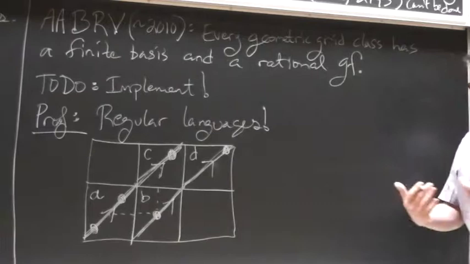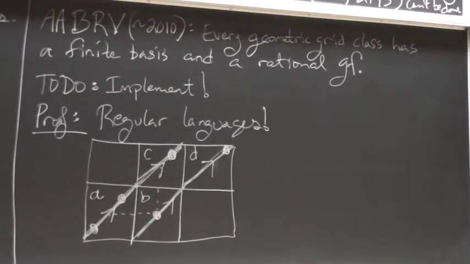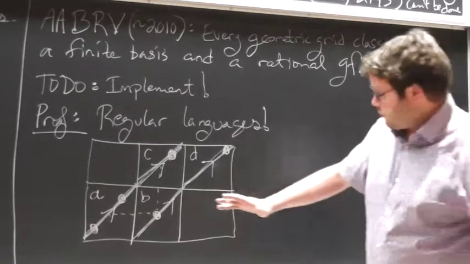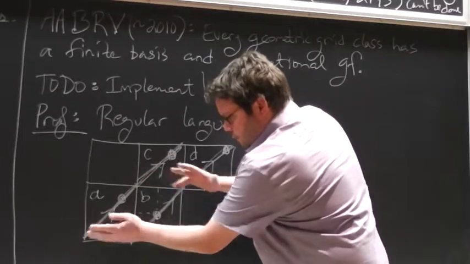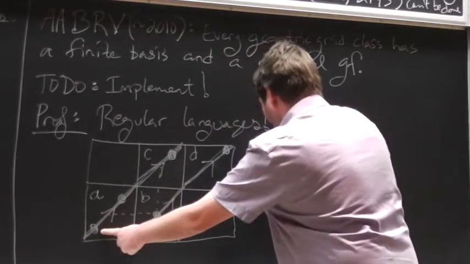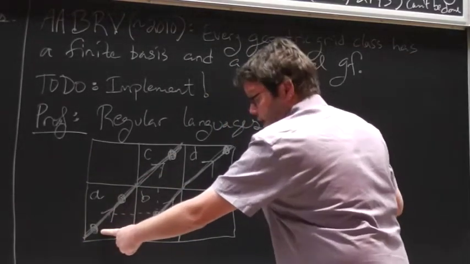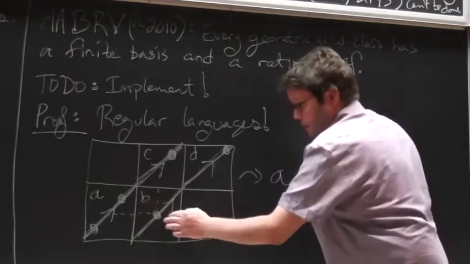And I'm going to write down a word that describes this permutation. I'm going to think of starting in the bottom left of every single cell and traversing them at the same speed. And when I hit a point, I'm going to write down the letter of the cell that point's in. So as I traverse these all together, the first point I'm going to hit is right here. That's an A. And then I'm going to keep traversing. I'm going to hit this B.